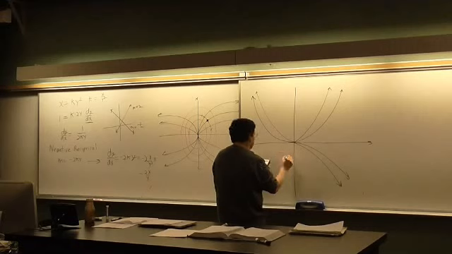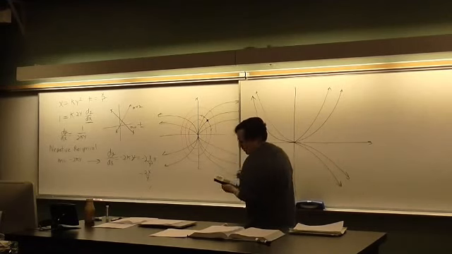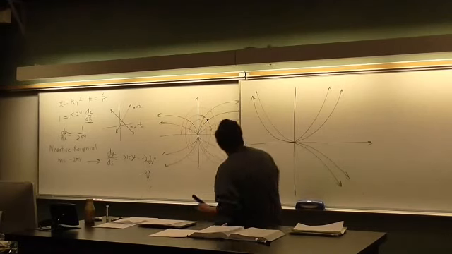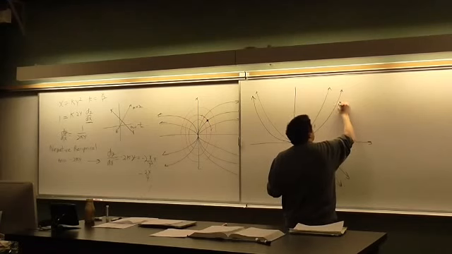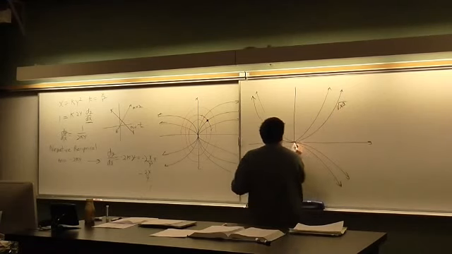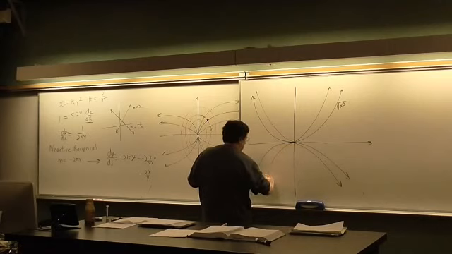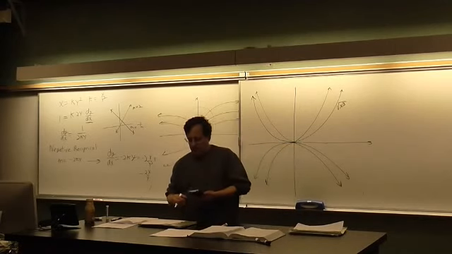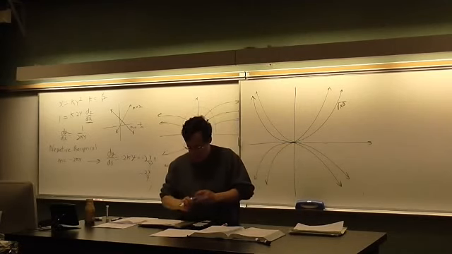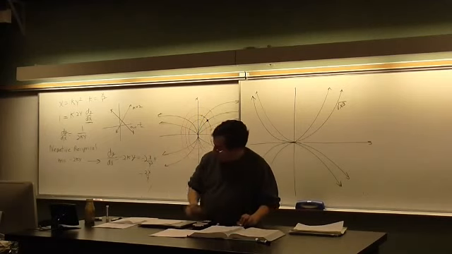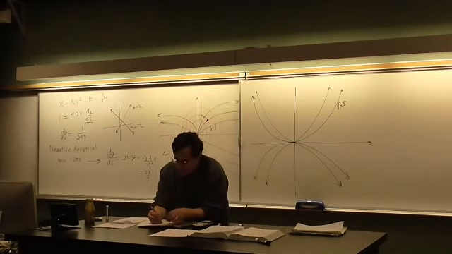This is the square root of x cubed. To find the orthogonal trajectory, it looks like I'm going to have to do the problem.